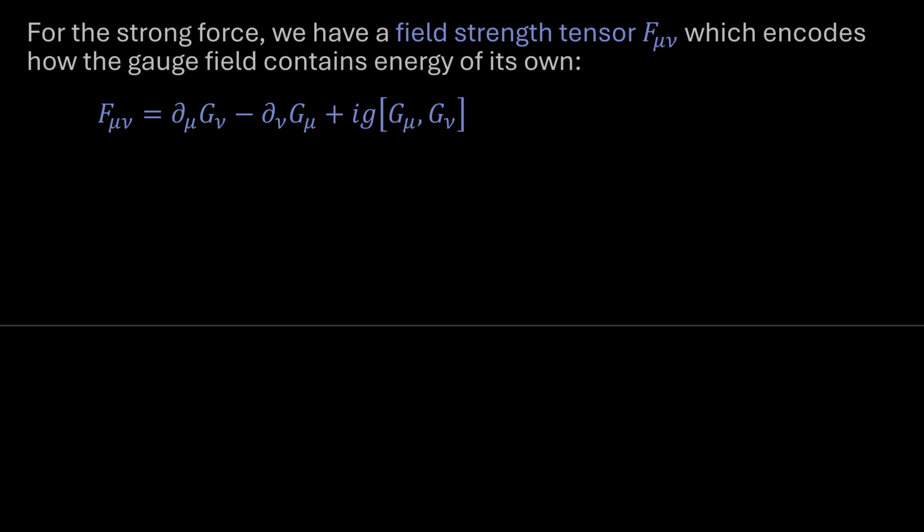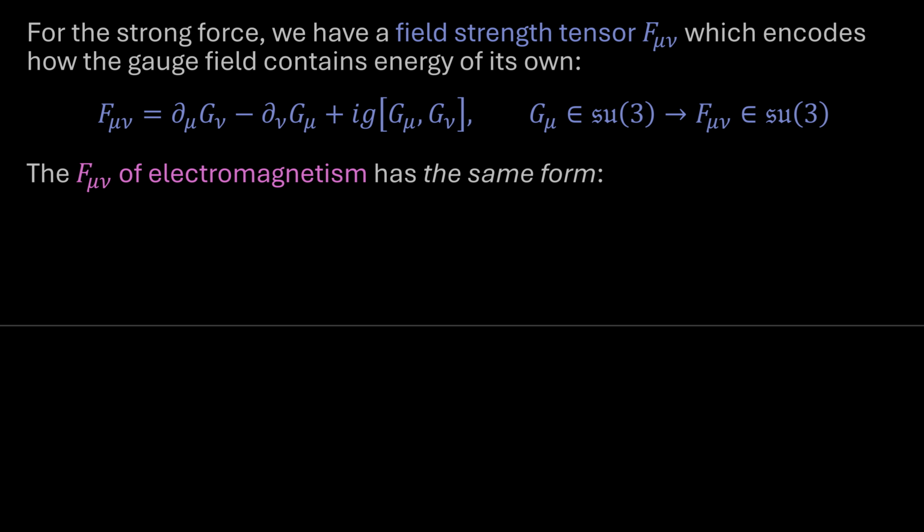And as we demonstrated, because the spacetime components of the gauge field G mu live in SU3, the Lie algebra of SU3, it follows that the components of our field strength tensor, F mu nu, are also going to live in SU3. And as we mentioned in the last video, it's very interesting that the field strength tensor of electromagnetism has exactly the same form as the field strength tensor for the strong force, because we can write F mu nu equals partial mu A nu minus partial nu A mu plus I times Q times the commutator of A mu and A nu.